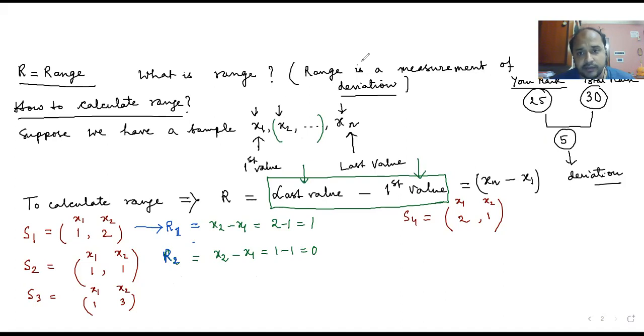For the next one we calculate R3, and that is also once again x2 minus x1, the last value that is 3, and the first value that is 1, the difference is 2. And similarly for the last one, R4, it is last value minus first value, which is 1 minus 2, that is minus 1.